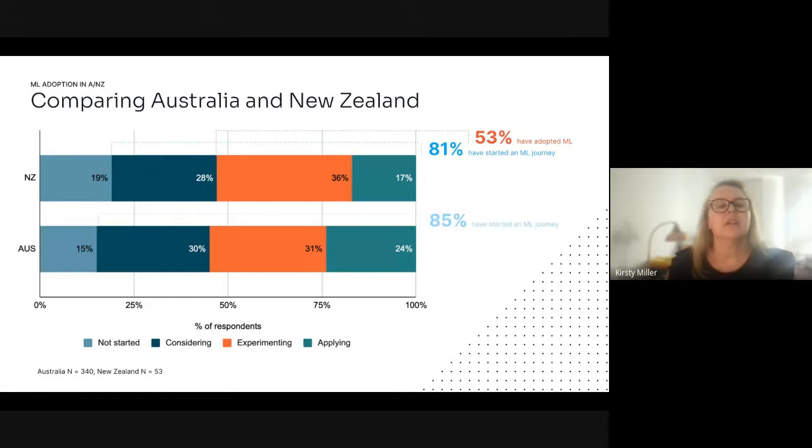In Australia, 85% have started and 55% have adopted. So you could say there's slightly less in New Zealand that have started the journey, but I'd say the results are quite comparable.